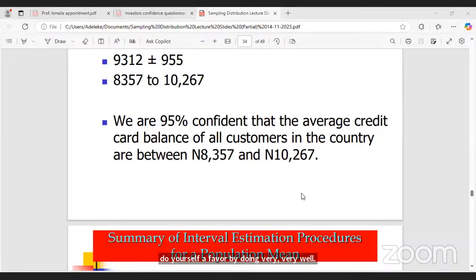Yes, someone is asking a question. Hello, sir. You said you were going to explain the difference between sampling without replacement and with replacement.